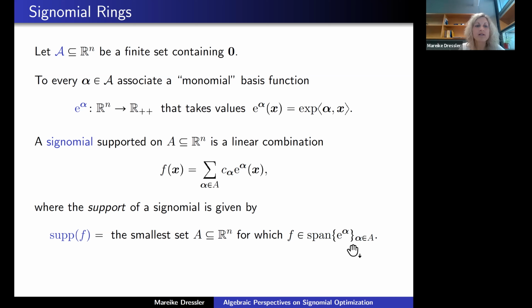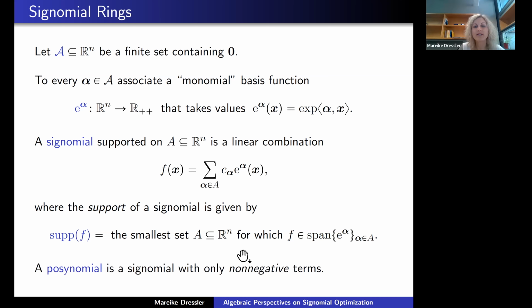A specific type of Signomial, namely when we only have non-negative terms involved, we call Posinomials, so if all c alpha here are non-negative.